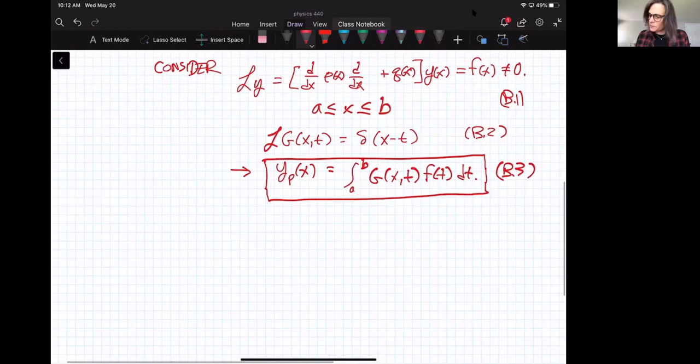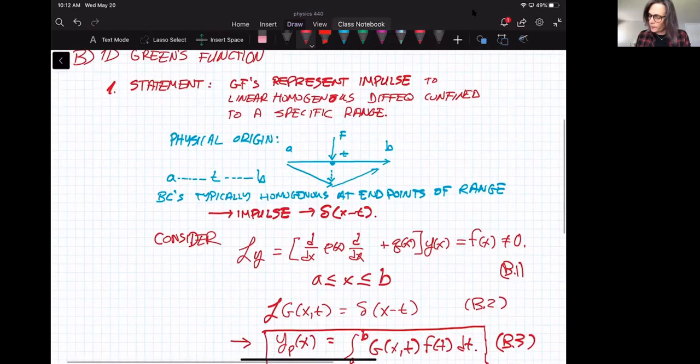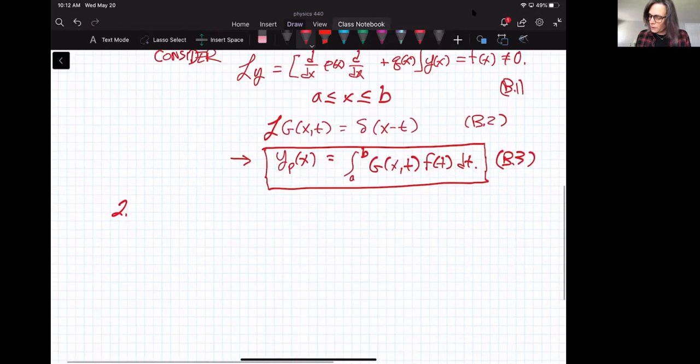All right, so that's the setup. And again, we're looking at the case in 1D. So how are we going to do this?